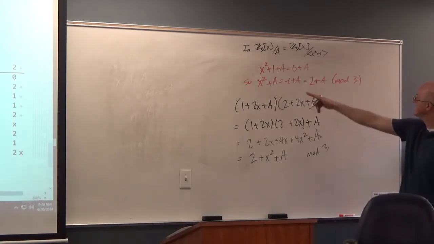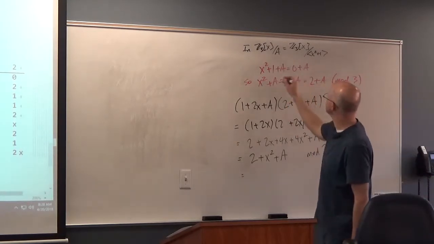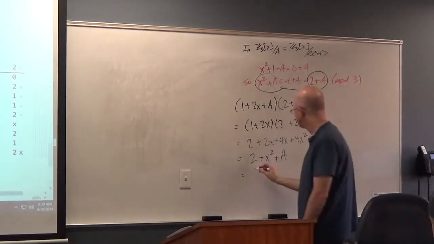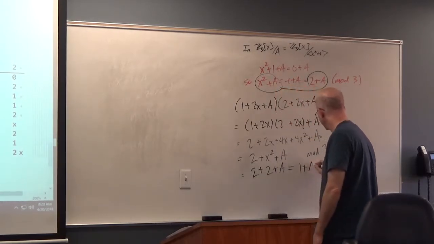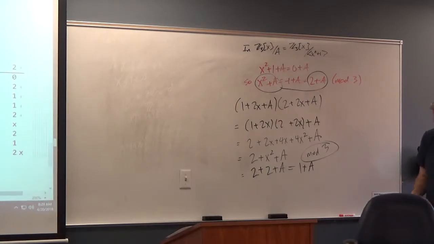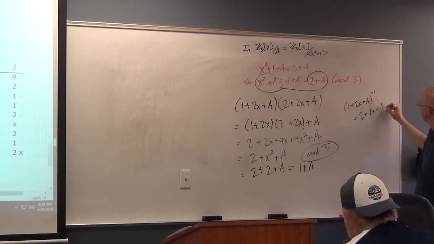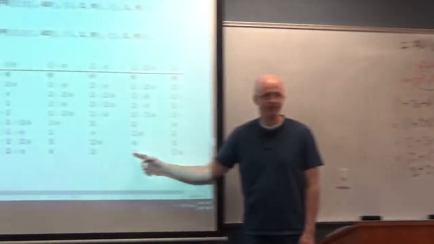But now replace x squared with 2 because of this. This is 2 plus 2, which mod 3 is 1 plus A, the multiplicative identity. This verifies that the multiplicative inverse of 1 plus 2x plus A is 2 plus 2x plus A, just like Mathematica showed by having the 1 right there.